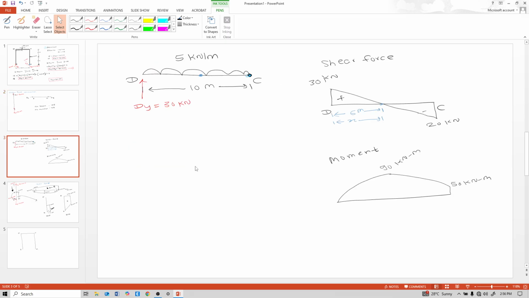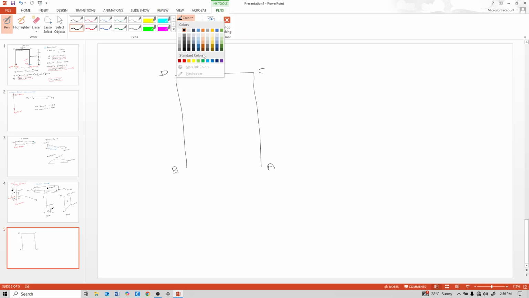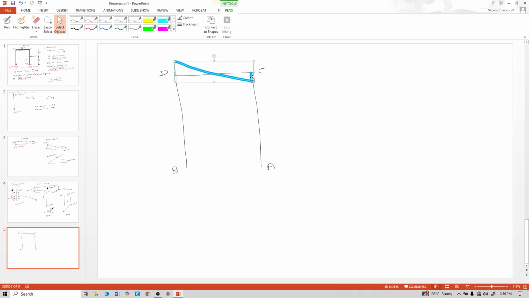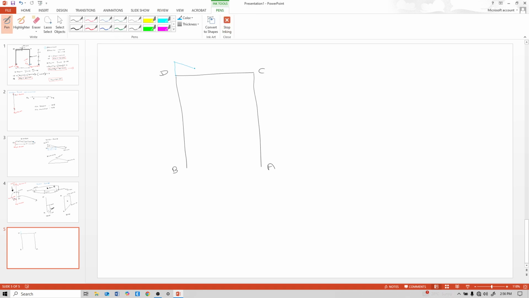Here it is 30, goes like this, 30, 20, 10, 10. This is minus. Minus is inside that BMD shape.